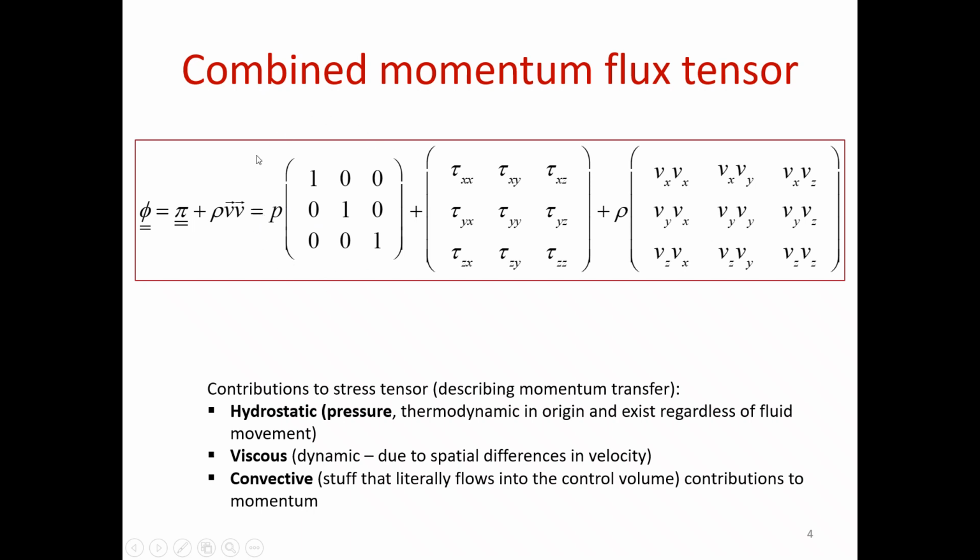That's thermodynamic pressure contribution that is there regardless of whether the fluid is moving or not. And it acts the same on all sides, always normal to whatever surface we have. So that's why you only have these normal components, they're acting orthogonally to whatever coordinate side you're looking at.